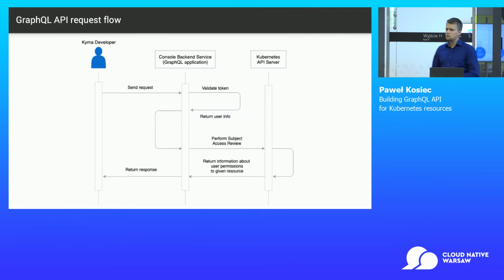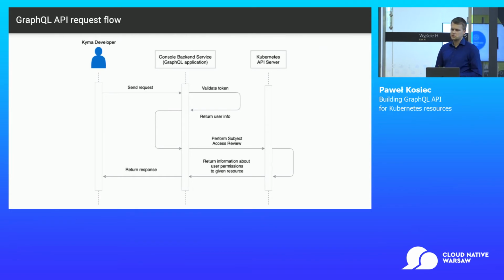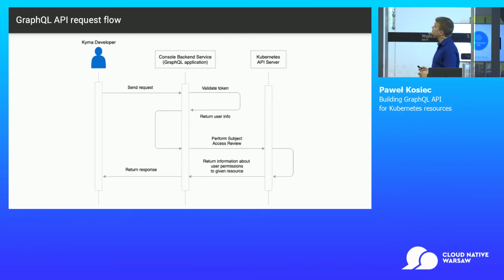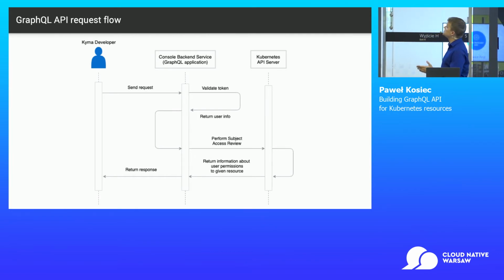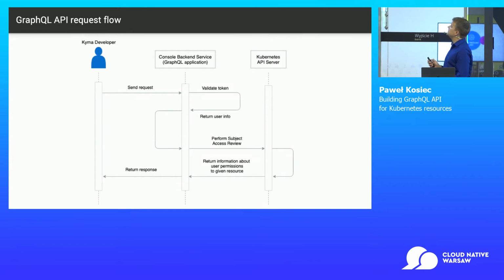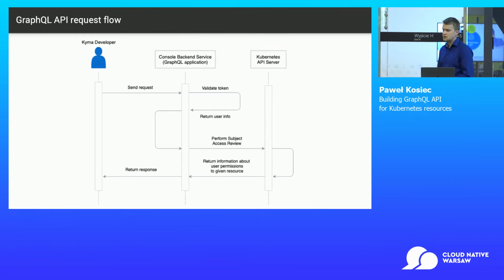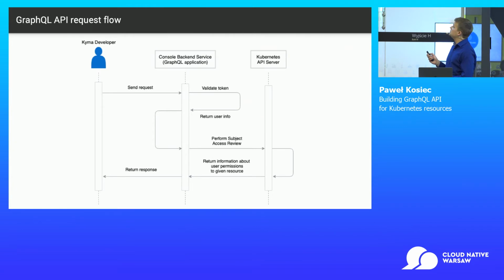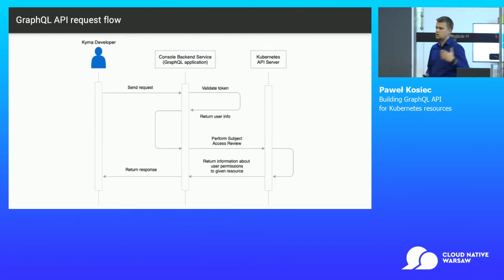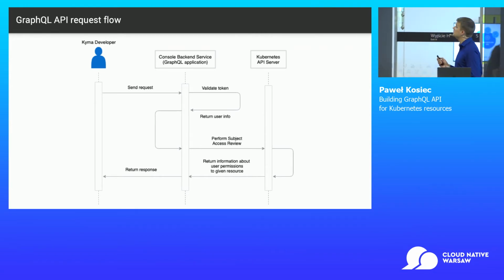The whole API request flow looks like this: the user sends a request to our service, which is called the console backend service, and then the token is validated. Here we have the HTTP authentication middleware, and now that we have user info, we put it in the context of this request.